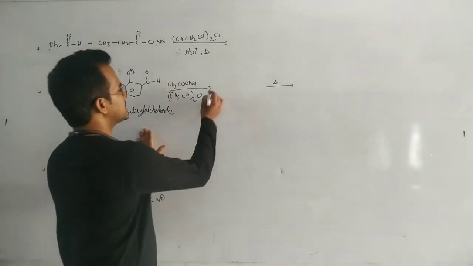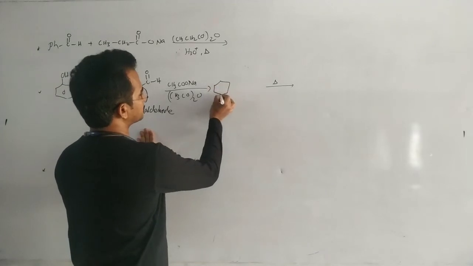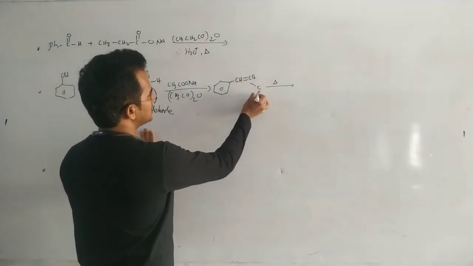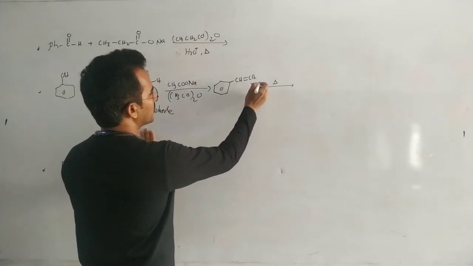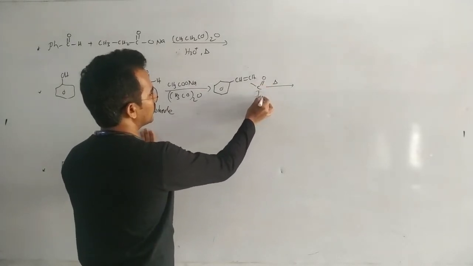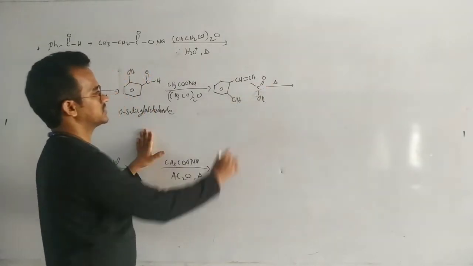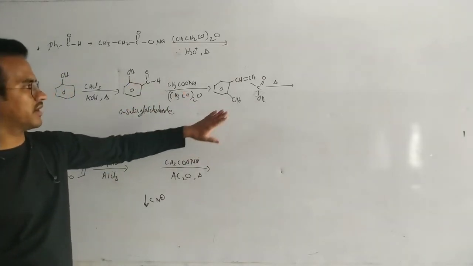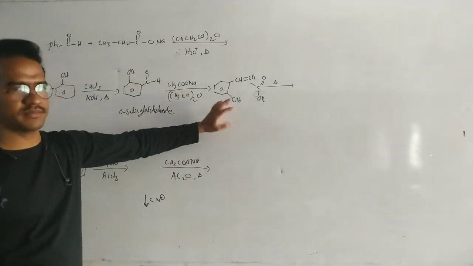So in a Perkin condensation, what is the product of this reaction? CH=CH-C(=O)OH, and this other OH. Either side is the same, so I have written this side.